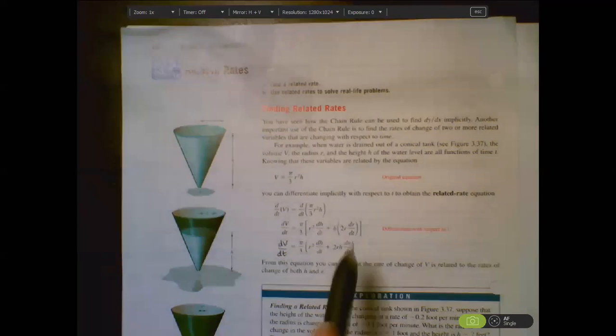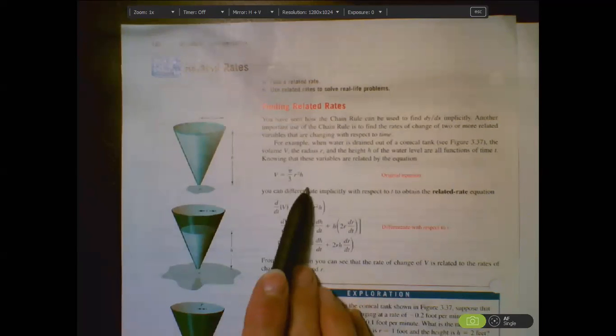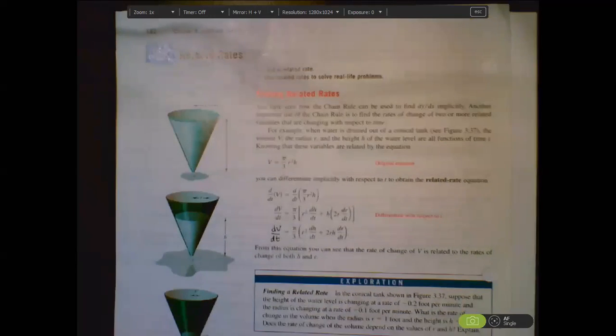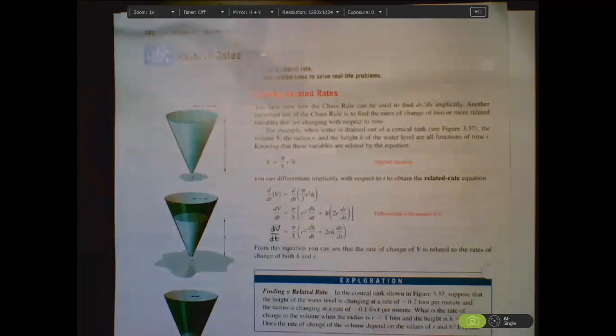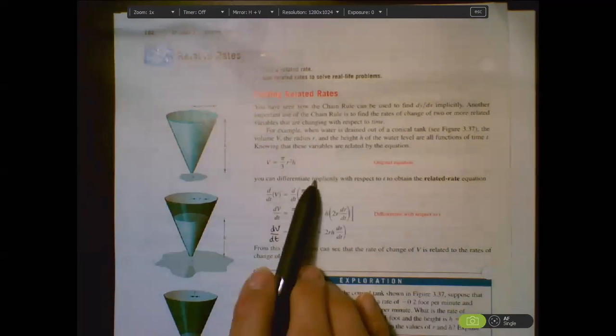Now, if you start with the volume of a cone formula, and you're not going to have all these geometry formulas memorized, I'll give you what you need. Or if you're taking a test online, you can look it up.